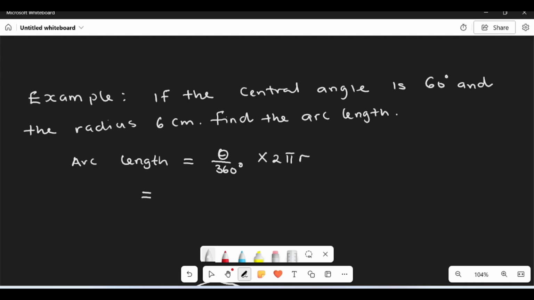We are going to have 60 degree over 360 degree multiplied by 2 times pi times 6. 60 here, 1. 60 in 360, we have 6. 6 here, 1. 6 here, 1. And our answer is going to be 2 pi centimeter. That is our arc length.